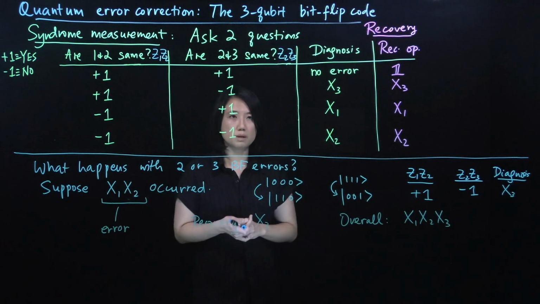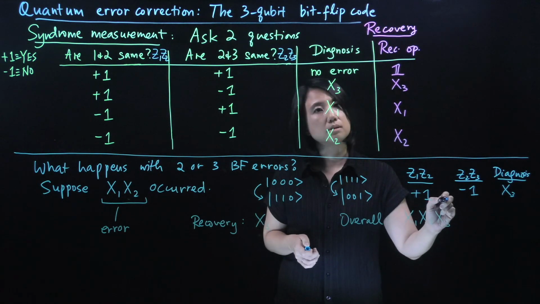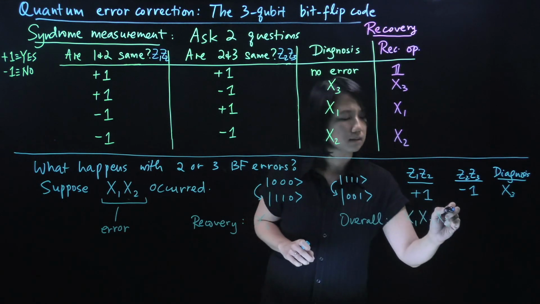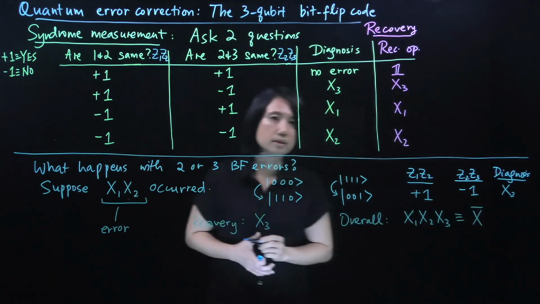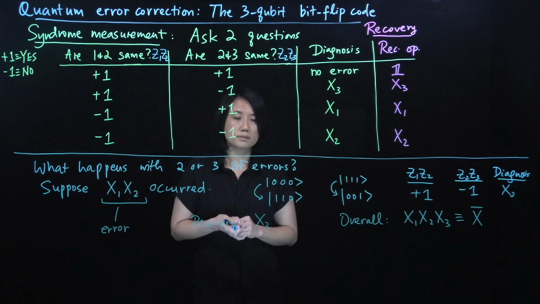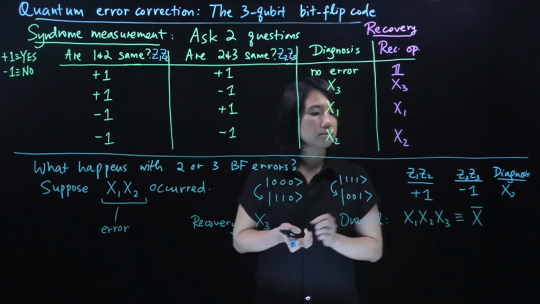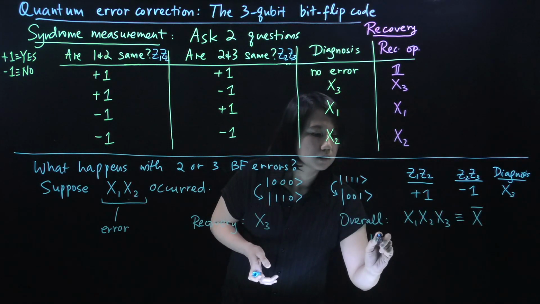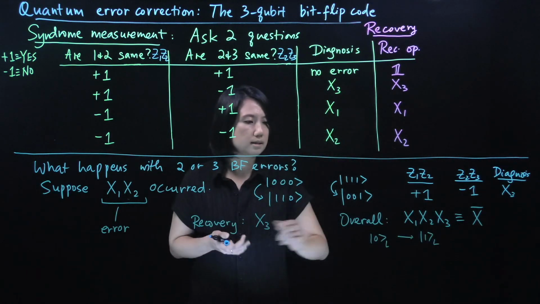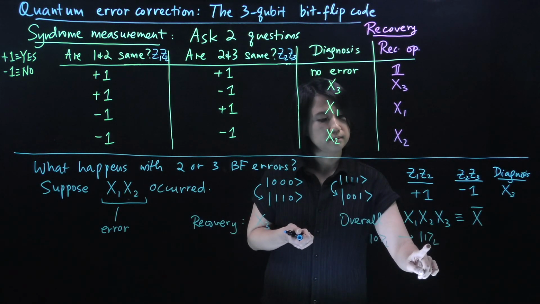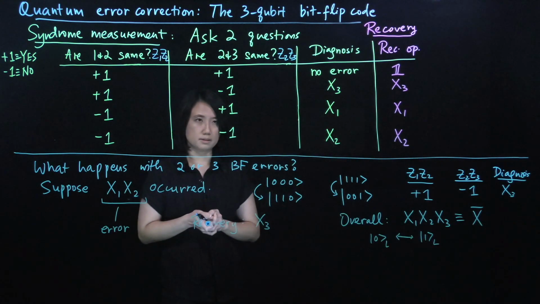You may recall right at the beginning of the lecture, when we talked about the code itself and logical operators, that this is the logical X operator, which I've written as X bar. This is a logical operator that flips 0L to 1L: the logical state 0 gets flipped to the logical state 1, and vice versa, 1 gets flipped to 0. That's what this X bar does.